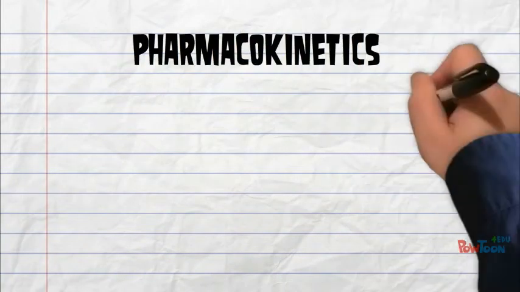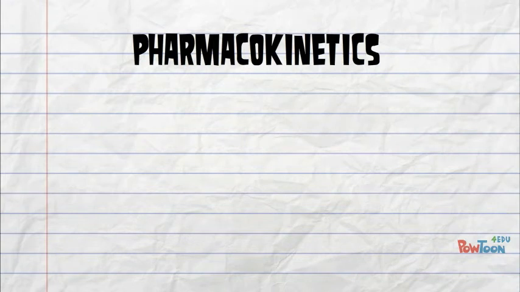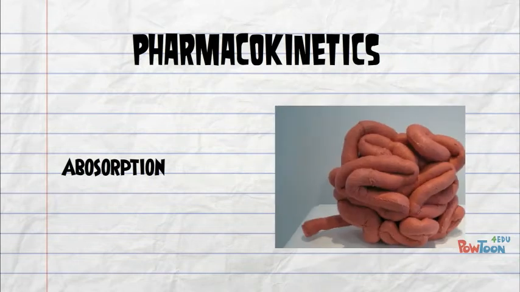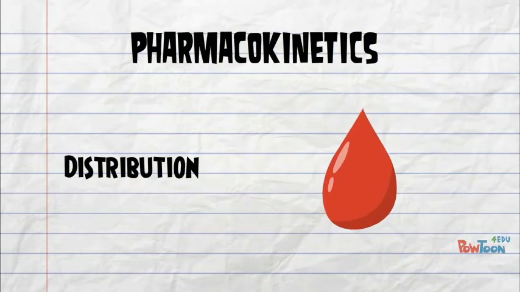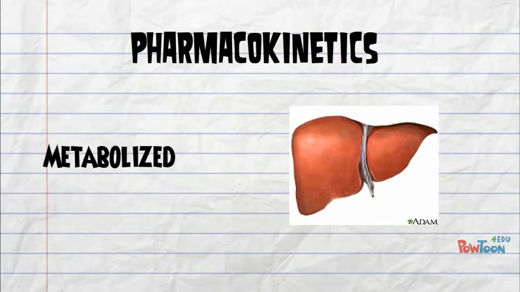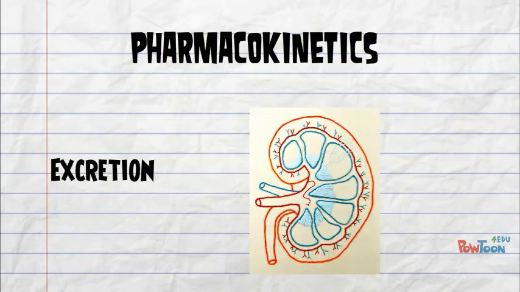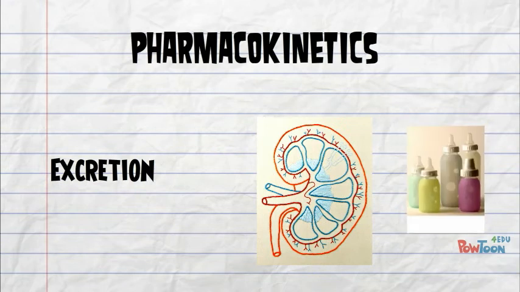Pharmacokinetics. What the body does to the drug. ACE inhibitors get absorbed in the small intestine, get distributed by the blood in the blood vessels, metabolized by the liver, and excreted through the kidneys and in breast milk.